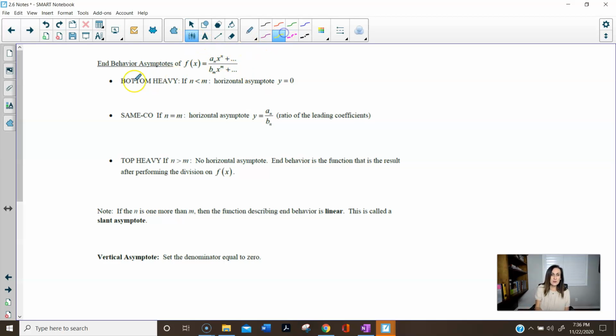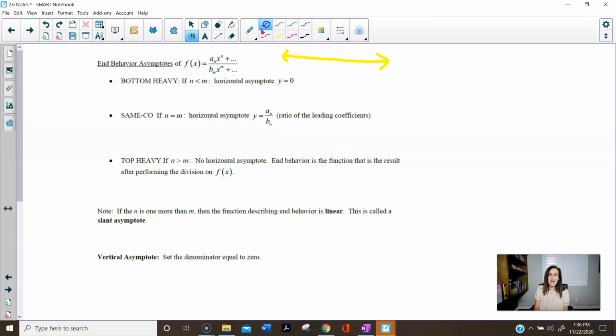So a horizontal asymptote is an asymptote that goes across like this, all right? Now, we can predict where that horizontal asymptote is based on the equation.